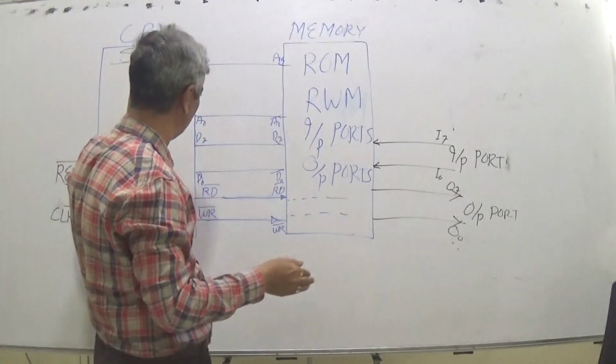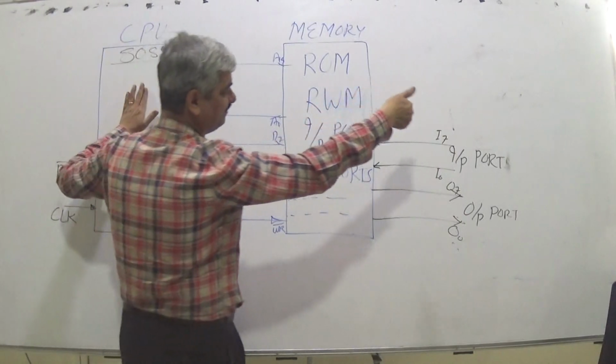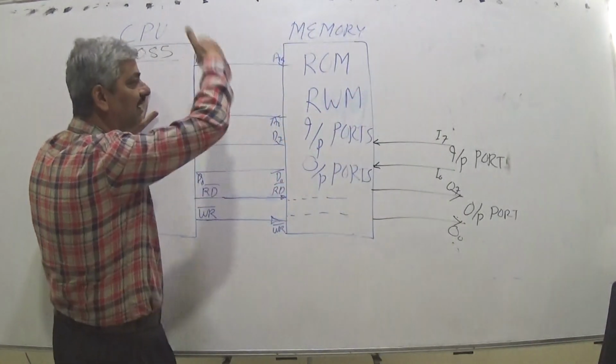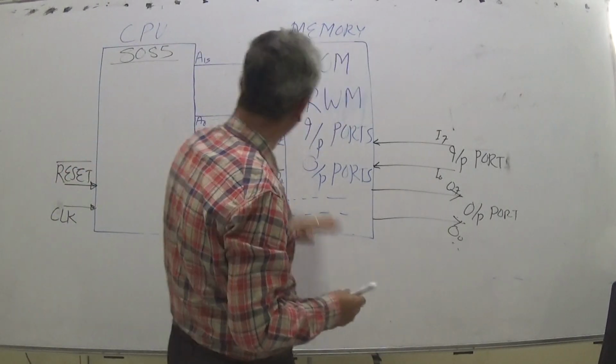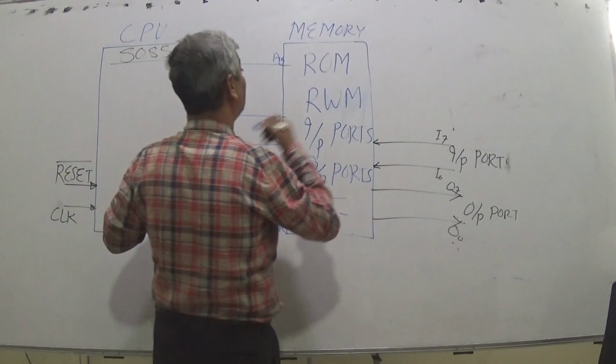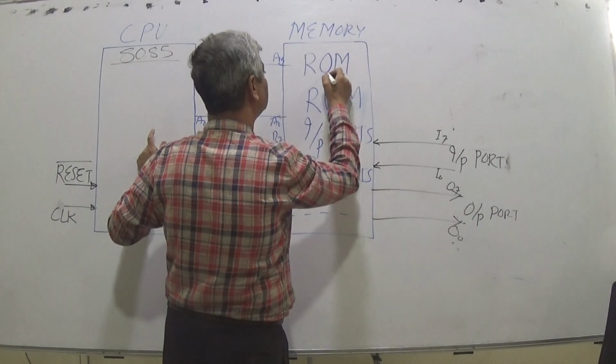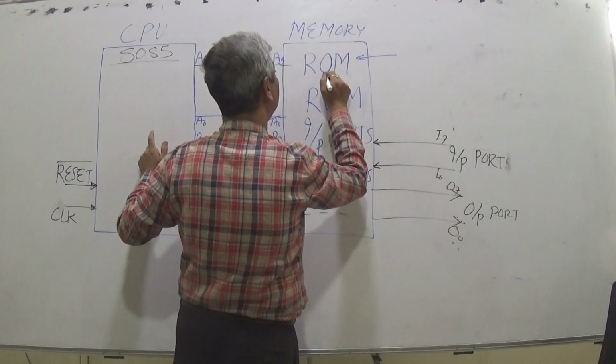So that is this program. So the microprocessor is supposed to read that. Where is the program? The question: where is the program? The program can't be inside. The program is there outside, in this read-only memory.